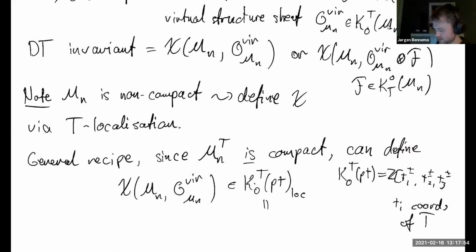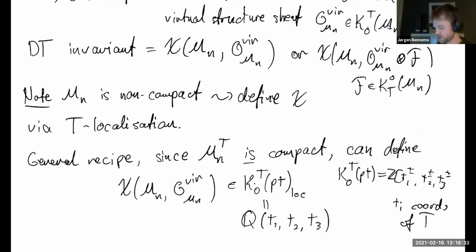Localizing means you have to add inverses to some elements, and it doesn't really matter for us how many; we just make life easy for ourselves and invert everything in sight. So the upshot is that defining this via localization means applying chi to this virtual structure sheaf should give you a rational function in 3 variables.